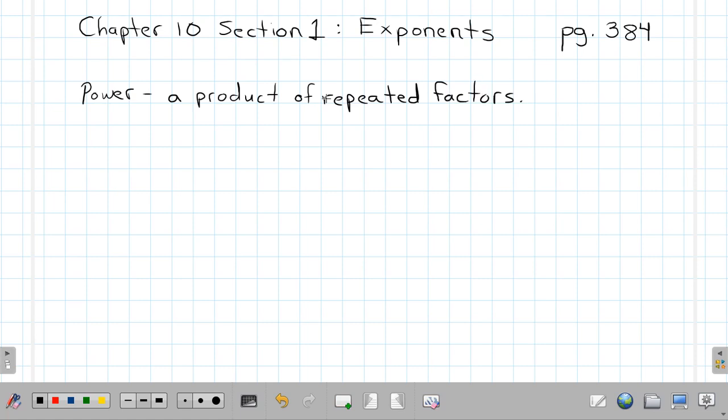Okay, so with this definition, there are a couple of other words here that you need to know about, but I'm hoping at this point you have probably seen before. But if not, let me just go over these really quickly with you. So once again, this is the definition of power. But we see this word product here, okay?